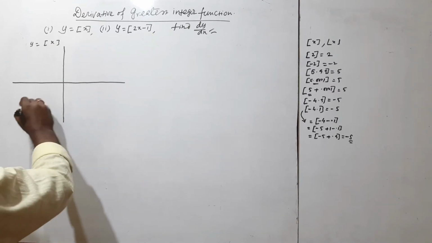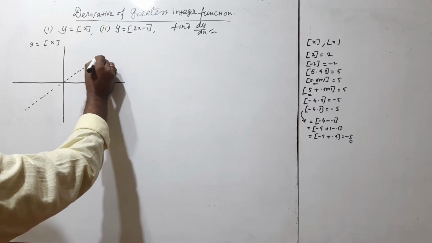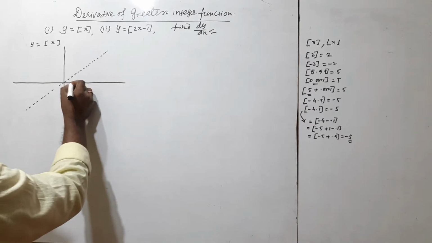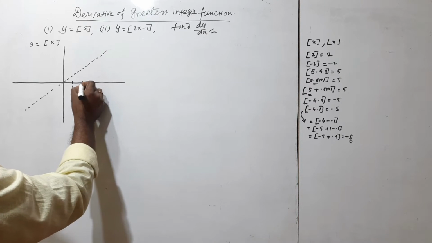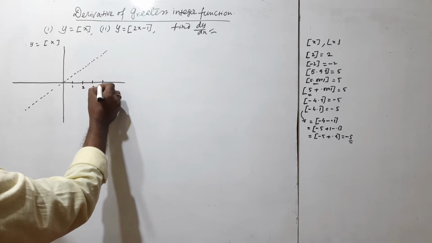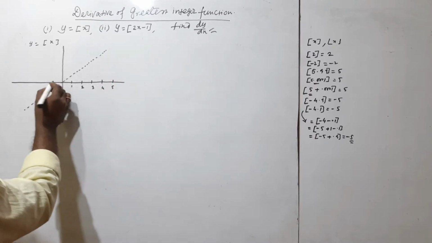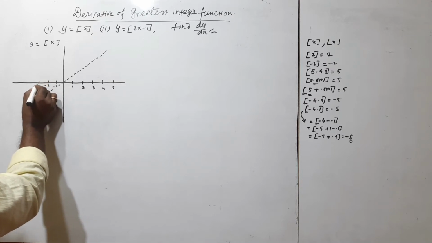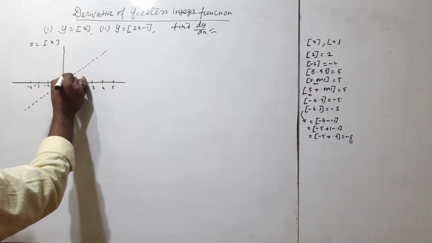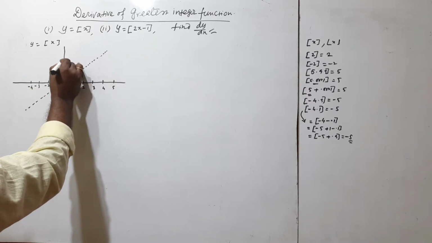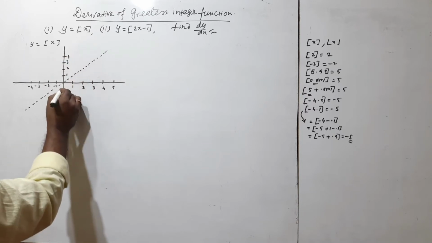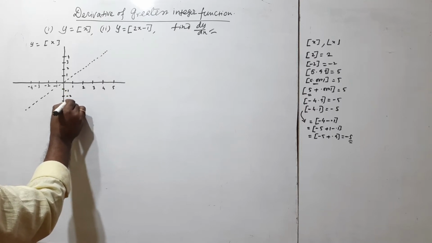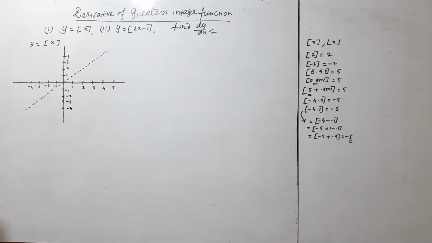For the curve y equal to x, mark 1, 2, 3, 4, 5 on the positive side, and again minus 1, minus 2, minus 3, minus 4 on the negative side.